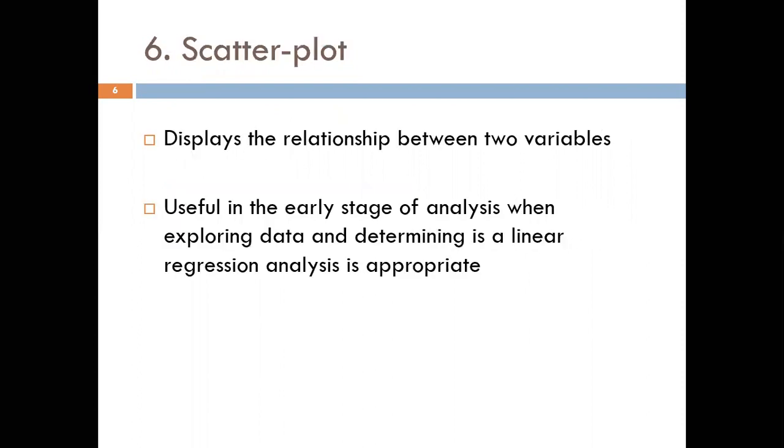So let's look at scatter plots. Like we said, they help us to display the relationship between two variables, and they are always useful in the early stage of analysis when exploring data, and determining if a linear regression is appropriate for further analysis.